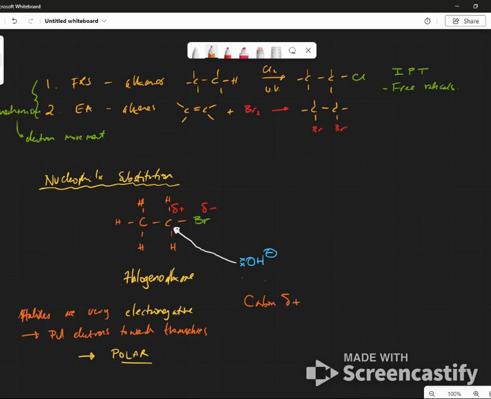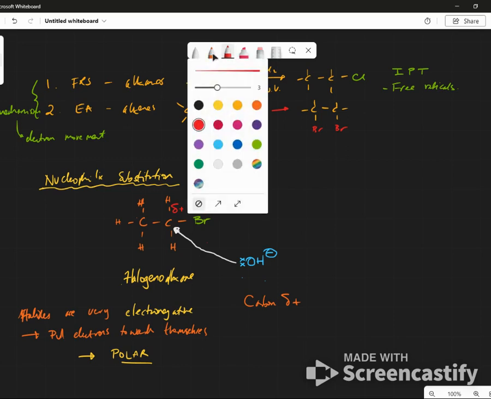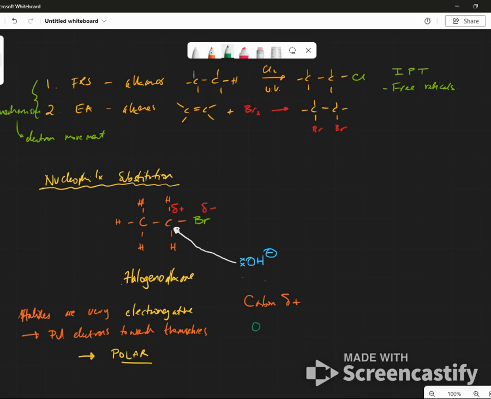We call the thing that attacks it, this OH minus ion, a nucleophile. Nucleophile means they attack things of the nucleus. The nucleus of an atom is positive.